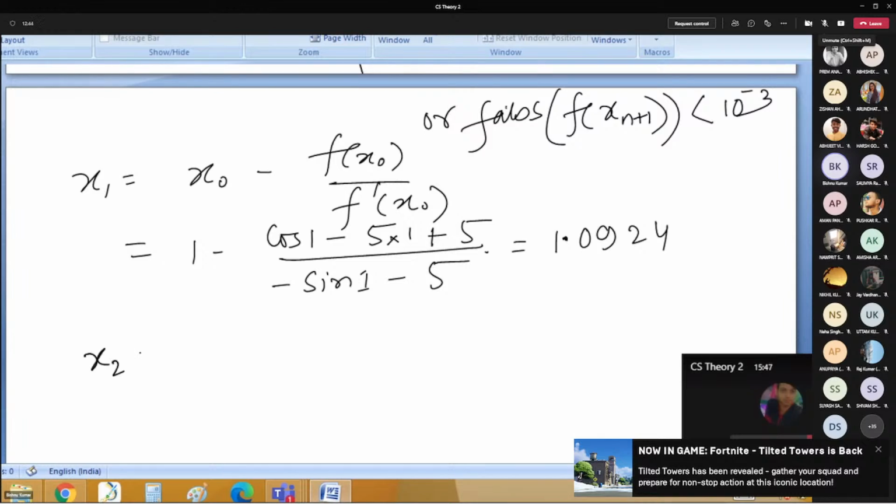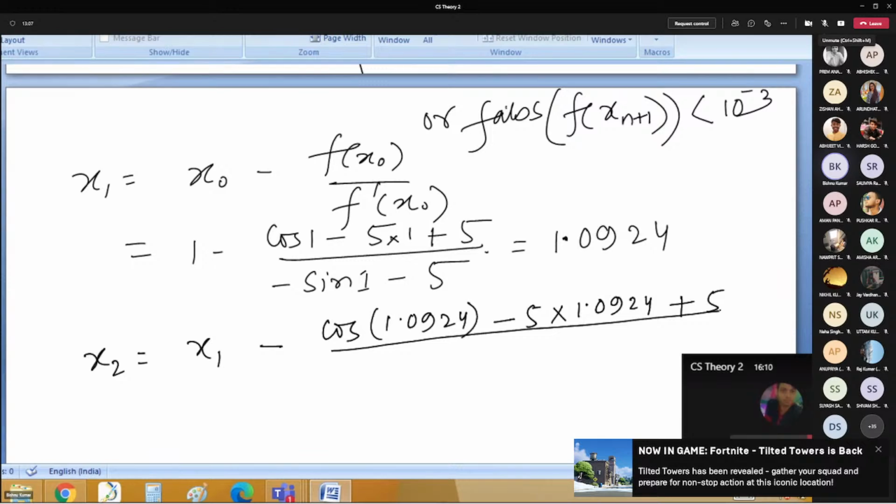Now to get x2 with the help of x1, you put x1 in f of x1, which means cos 1.0924 minus 5 into 1.0924 plus 5, by minus sin 1.0924 minus 5.